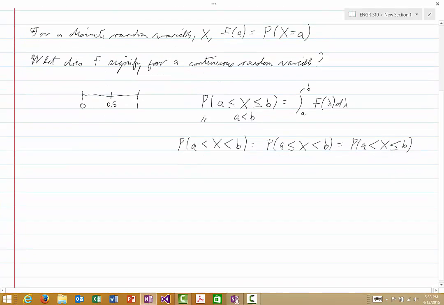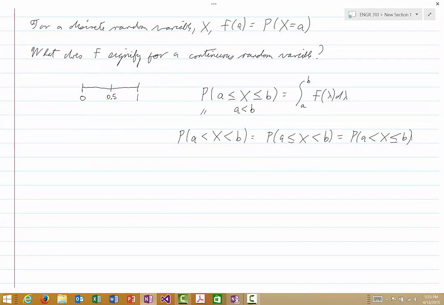Now, another note along these lines before we jump into this problem.